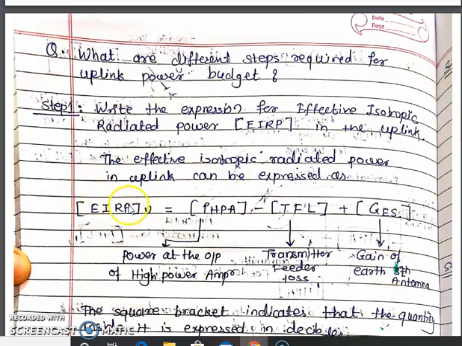In the general link equation, the EIRP is PT into GT. In the case of the uplink design, you have to consider this equation for the EIRP, with all values in dB, that means minus and plus, and the quantities expressed in square brackets.